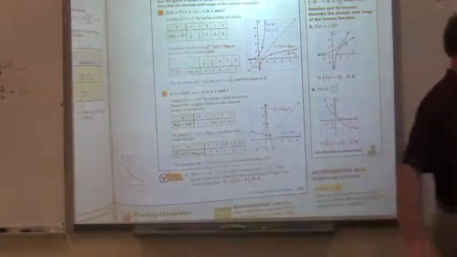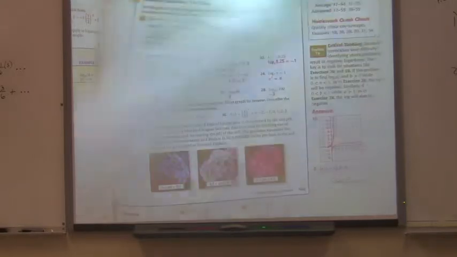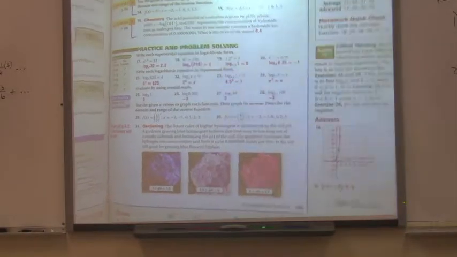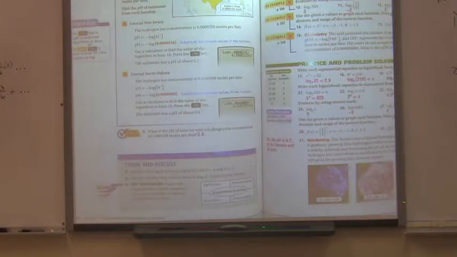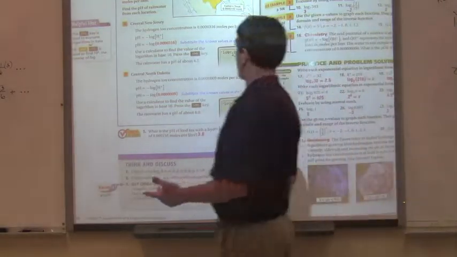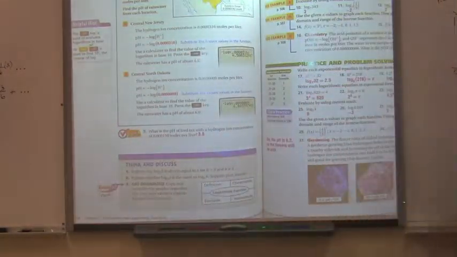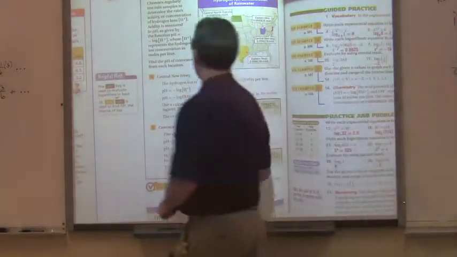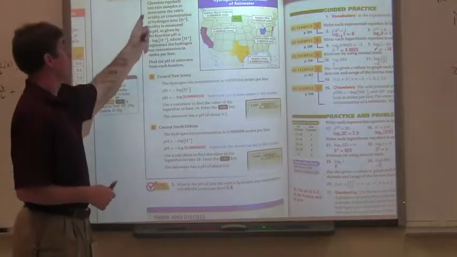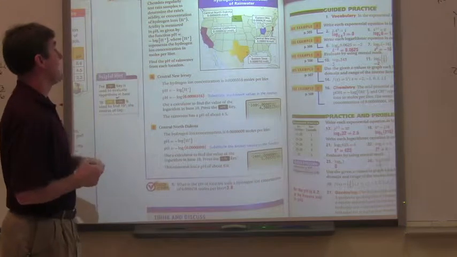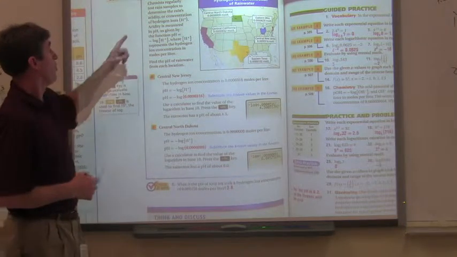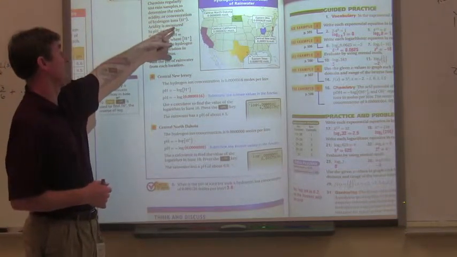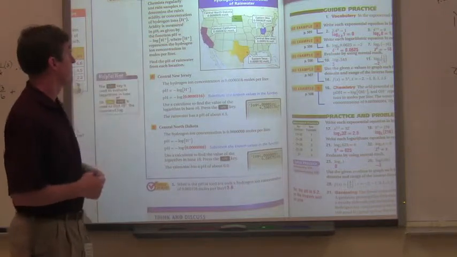The last thing I want to look at is number 5, because this is one you're going to actually use on the calculator. It says, chemists regularly test rain samples to determine the rain's acidity or concentration of hydrogen ions, which is H positive.